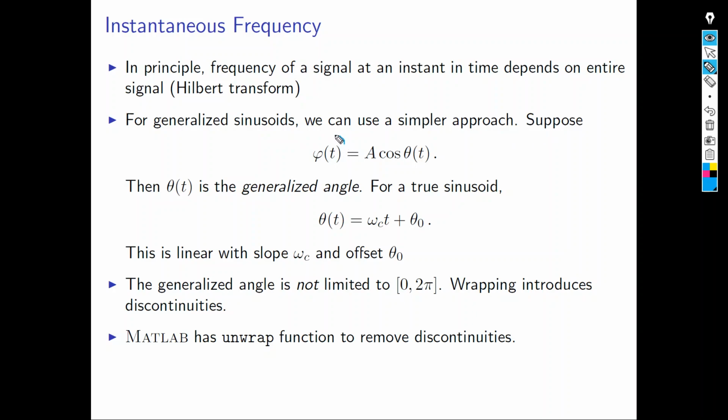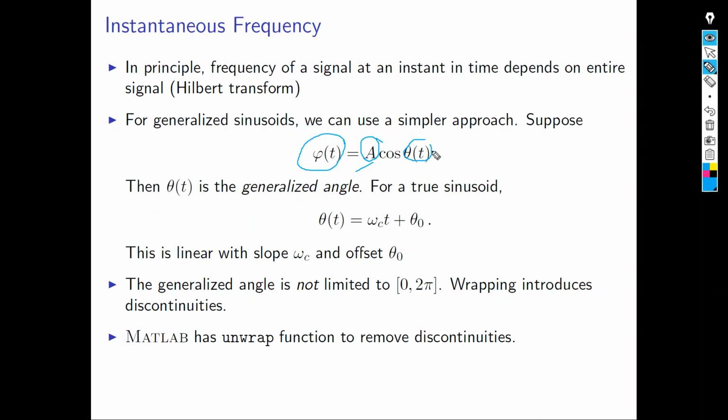Let's call this phi of t and this theta of t, and phi of t in general is given as A cosine theta of t. A is the amplitude. Anything related to amplitude modulation plays with this.